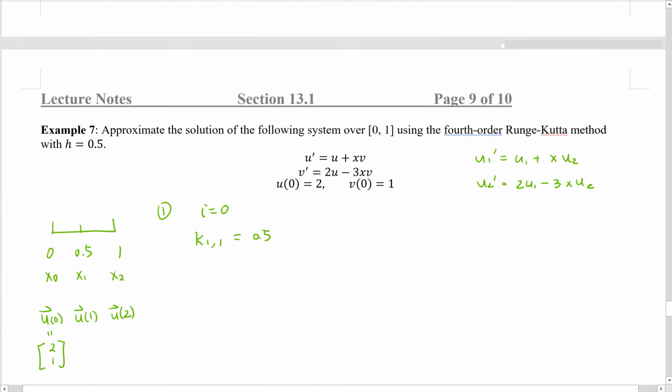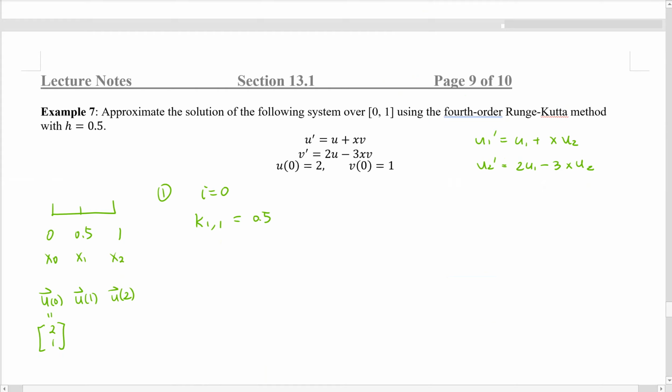Okay, so let's look at the first coordinate. The first coordinate is u1 of 0 plus x0 times u2 of 0. So far, so good. And that's 0.5 times. u1 of 0 is 2. x0 is 0. Nice. 2 times 0.5 is 1.